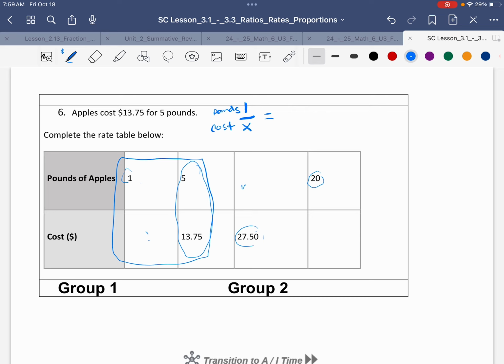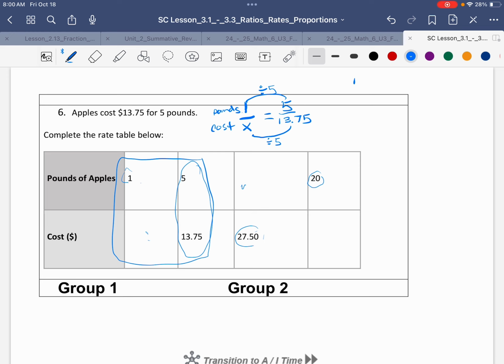And then for here, we got 5 pounds. We know that costs 13.75. So we know from here to here, they divided by 5. Now we need to do the same thing from here to here: 5 divided by 5 is 1.